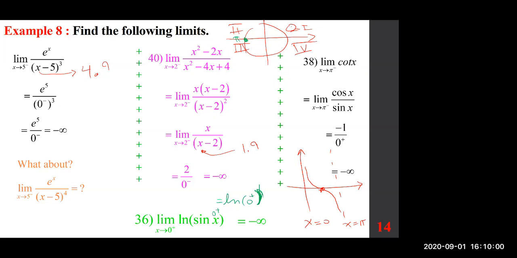I hope you see that it becomes e to the power of 5 over 0 from the left to the fourth, and 0 from the left to the fourth is 0 from the right. And that's positive infinity, everybody. So I hope it's clear to everyone.